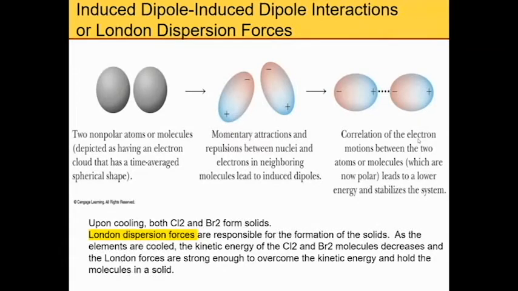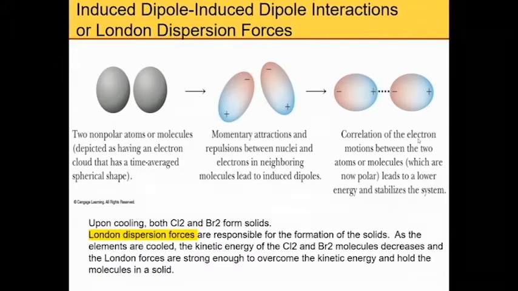And then the induced dipole-induced dipole interaction, or the London dispersion forces. It's a momentary attraction and repulsion between the nuclei and the electrons that creates the induced dipole and leads to a net stabilization due to attractive force.